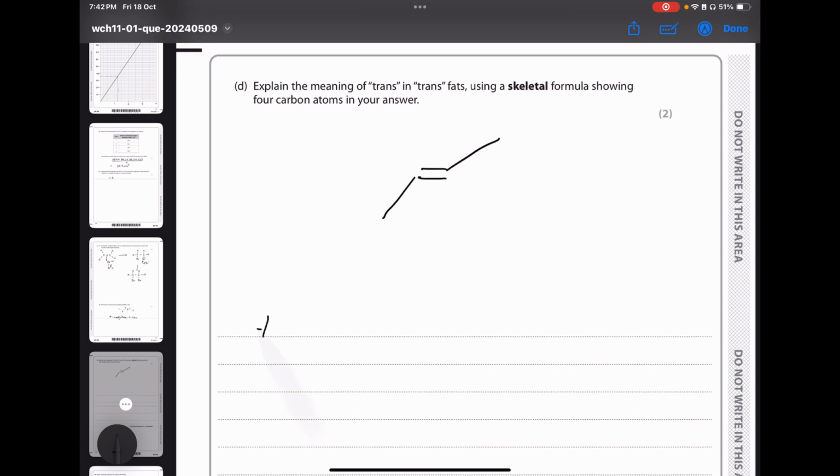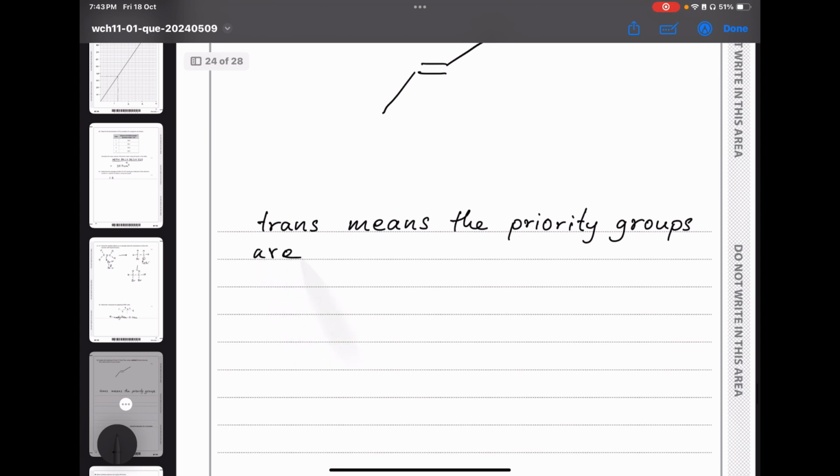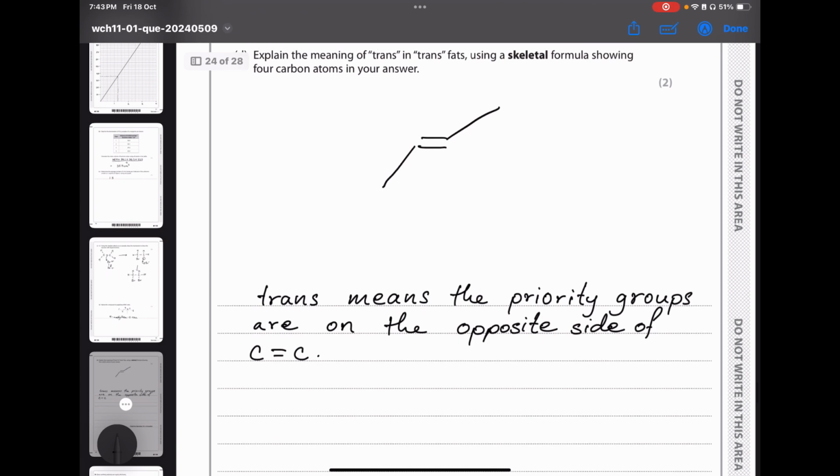So we will write down trans means the priority group are on the opposite side of carbon carbon double bond. So they are on the opposite side of the carbon carbon double bond. One is over here and the other one over here.